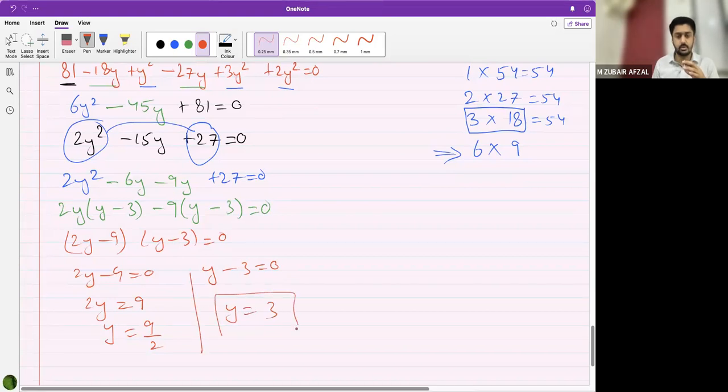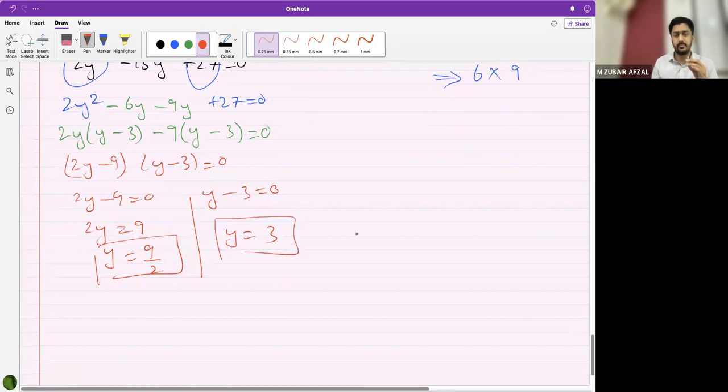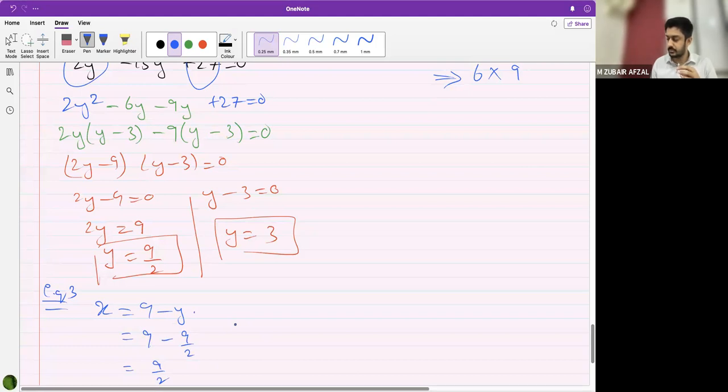So we have these two answers, 1 and 2, and we'll copy our third equation. Third equation was x is equals to 9 minus y. So when I use 9 by 2, I get x 9 by 2, y 9 by 2.